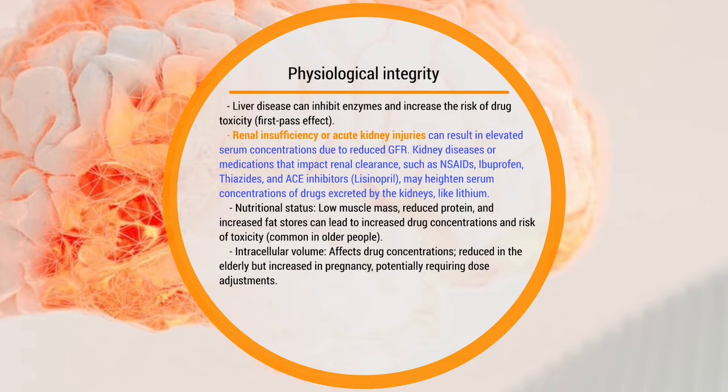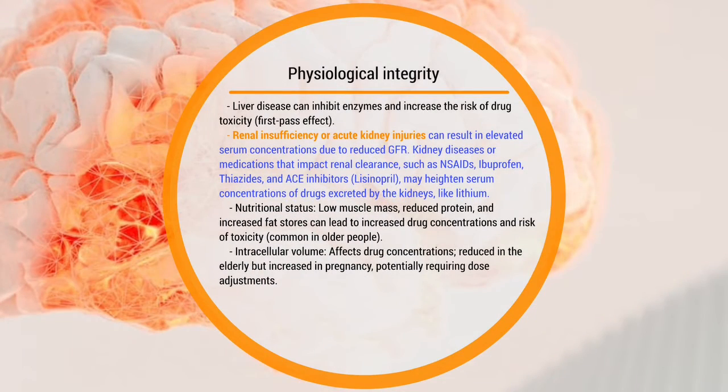If you have someone with liver damage, the liver can't do the cleanup, which is its job. So therefore, more of the drug would be inside of the body, unable to leave the body when expected. So someone with liver damage would inhibit the enzymes and increase the risk level of the drug.